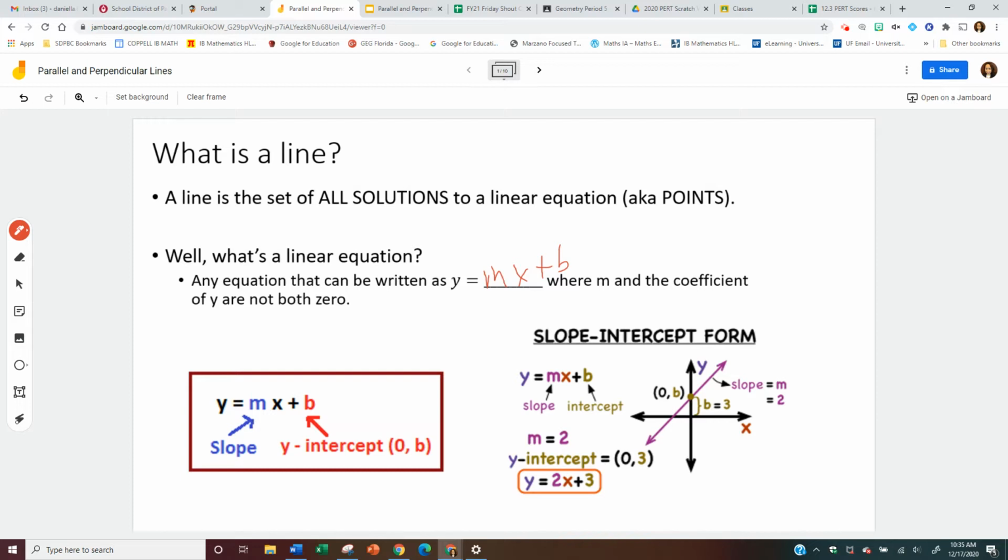So m has to be a number. That's what this is saying. M is a number. And of course, we know that m is a number that represents the slope, and b represents the y-intercept, which happens to be a point. The x-coordinate of that point is 0, and the y-coordinate matches whatever this number is, if it's positive or negative.